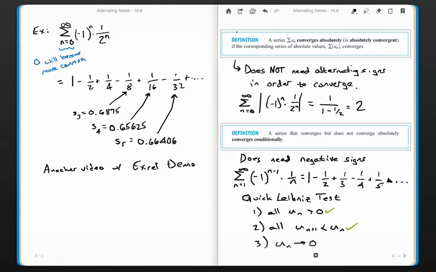Right? And we know that 1 over 5, 1 over 6, 1 over 7, they're definitely going to go to 0, so we can check that off. So it passes the Leibniz test, therefore it converges. Even though it's the lowly harmonic series. It could be 1 over the square root of n, and it would still converge.